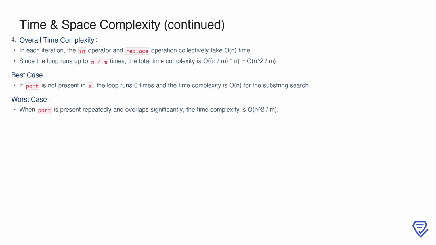In the best case scenario, if part is not present in S, the loop doesn't run at all, and the only cost is the initial substring search, which is n. On the other hand, the worst case scenario occurs when part is present repeatedly in S and overlaps significantly, forcing the loop to run the maximum number of times and resulting in a time complexity of n²/m. This is the upper bound for the time complexity of this function.